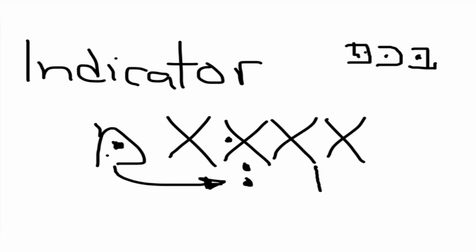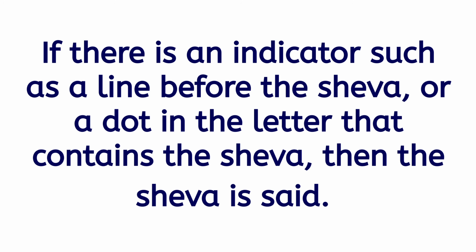But if you're going to write a second rule, you're going to write, if there's an indicator, such as a line before the Shiva, or a dot in the letter that contains the Shiva, and so the Shiva is said.